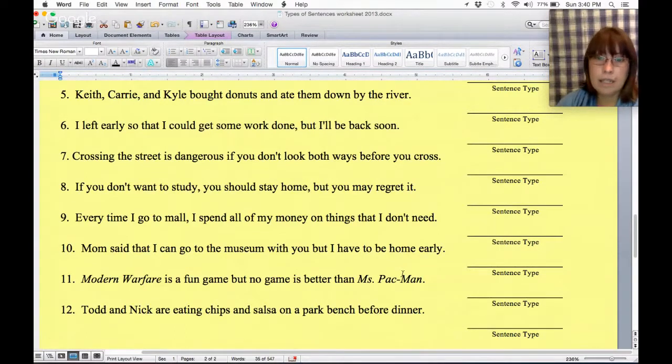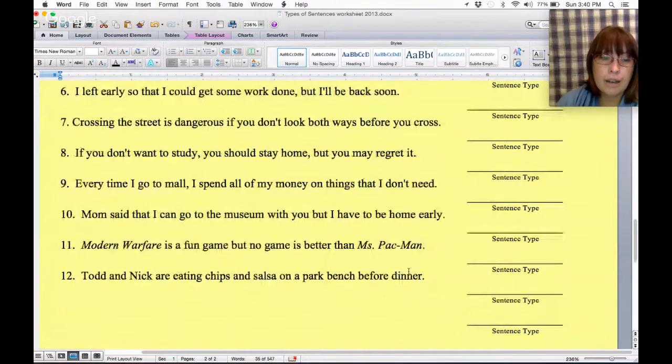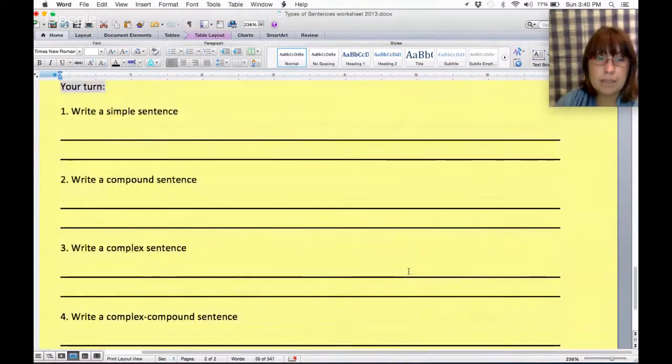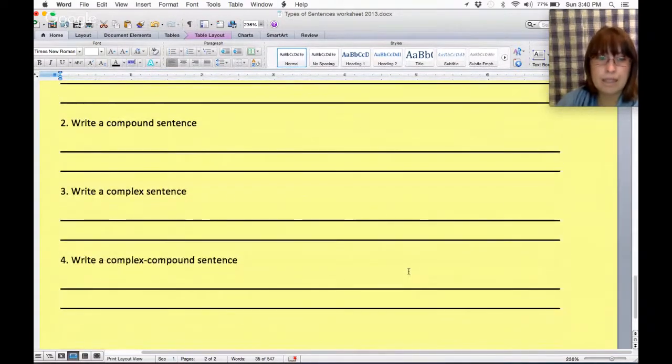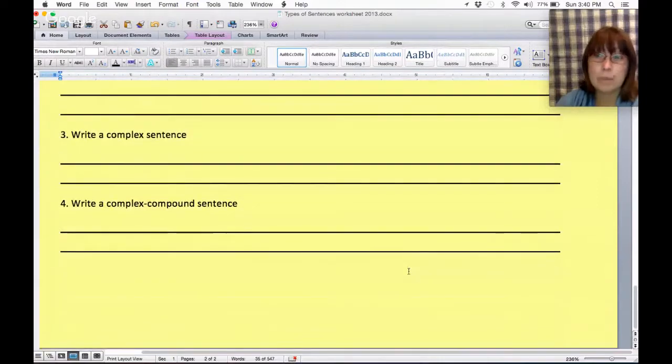They don't have any subordinating conjunctions. They can have coordinating. And then what I want you to do is write a simple sentence, a compound sentence, a complex sentence, and a complex compound sentence. Once you finish up with that, you can do silent reading until we move on to our next activity.